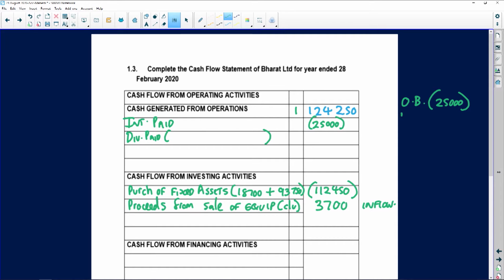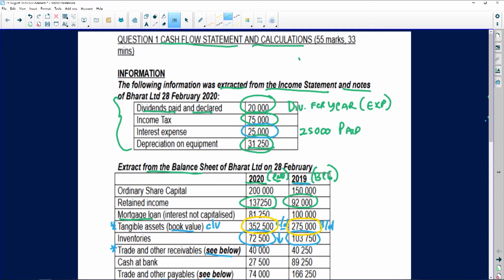Okay. Then my total dividends for the year, in other words, my dividend expense for the financial year. If I go back to the extract from the income statement and note, this would not have been in the income statement, but rather, okay, let's just quickly fix that.